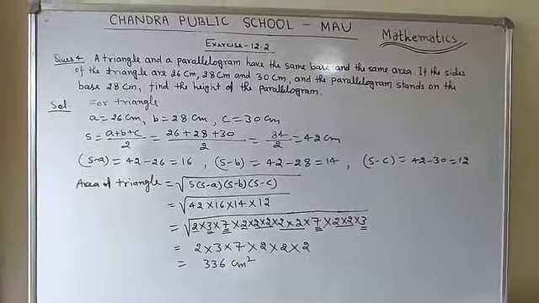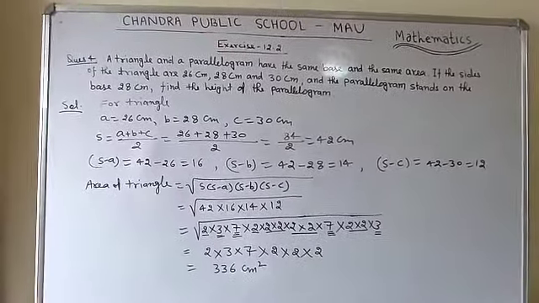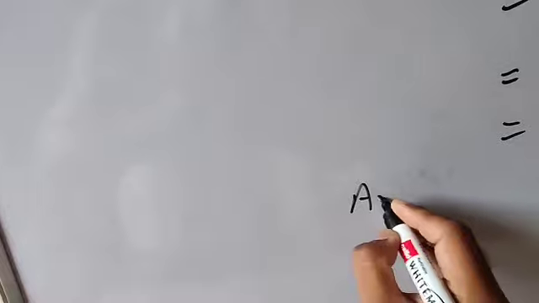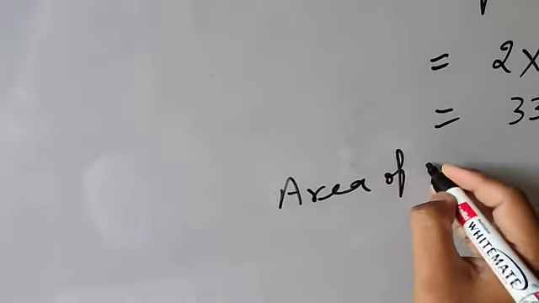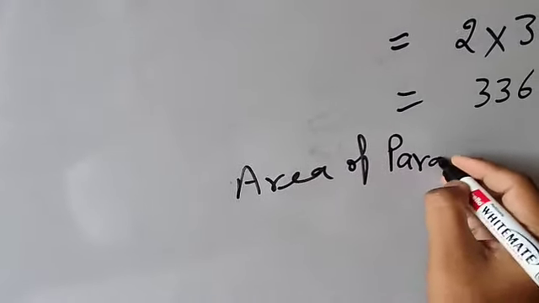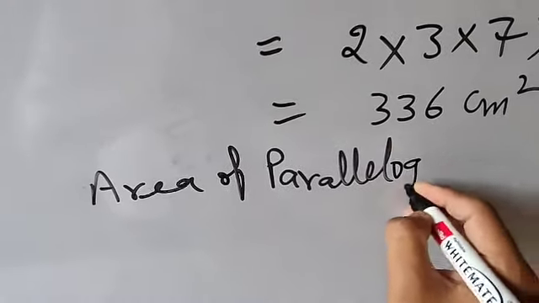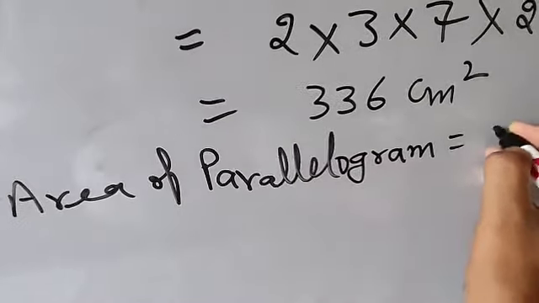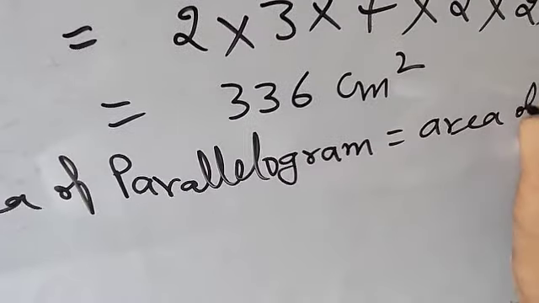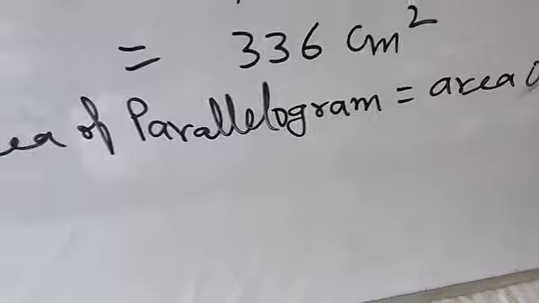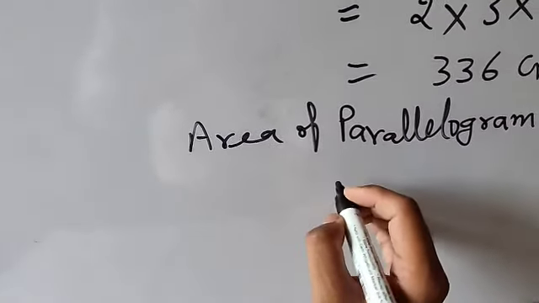Now in the question it is given that area of the triangle and area of the parallelogram are equal. So here you can write area of parallelogram equal to area of triangle. Now area of parallelogram, what is the formula?